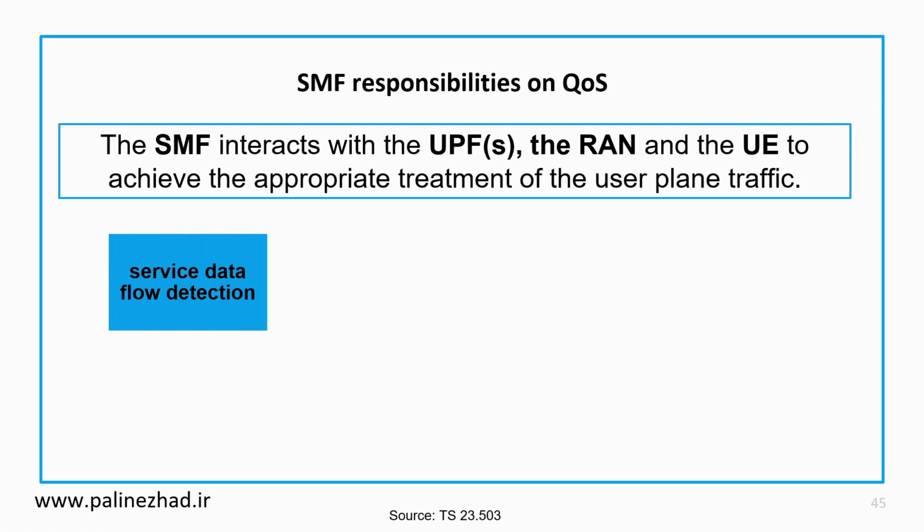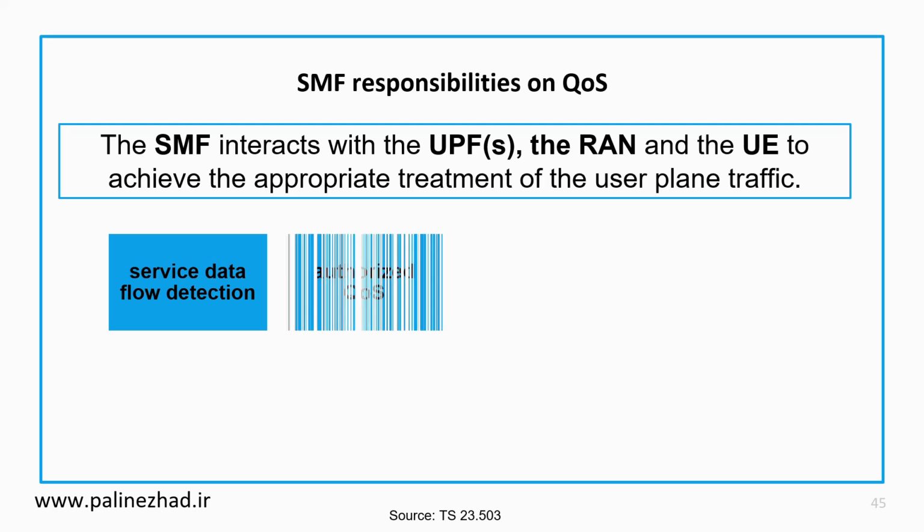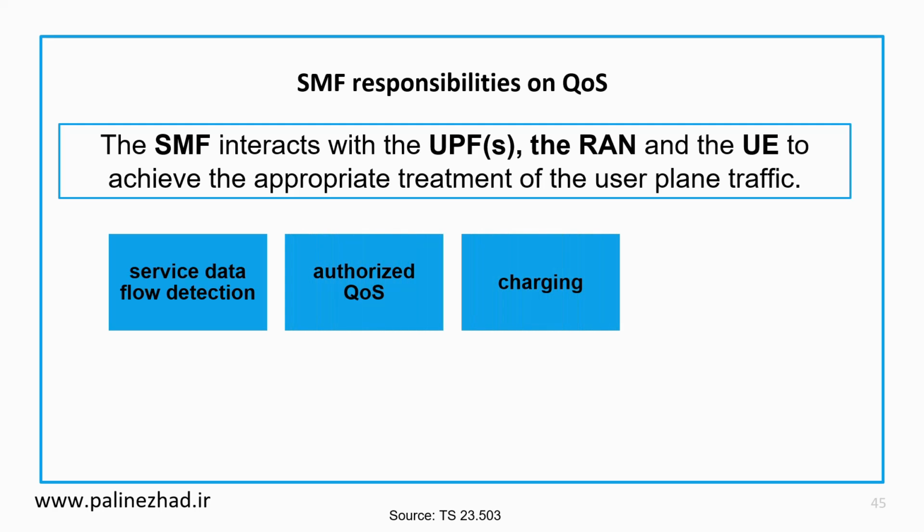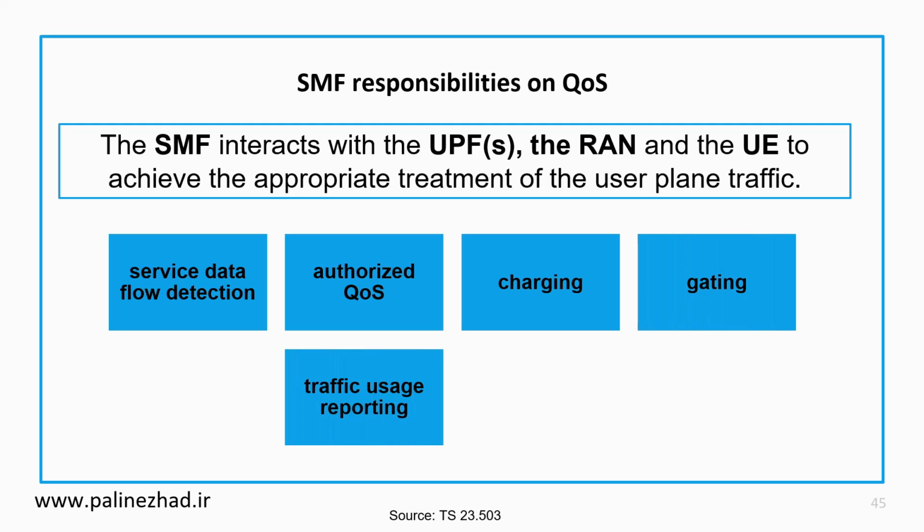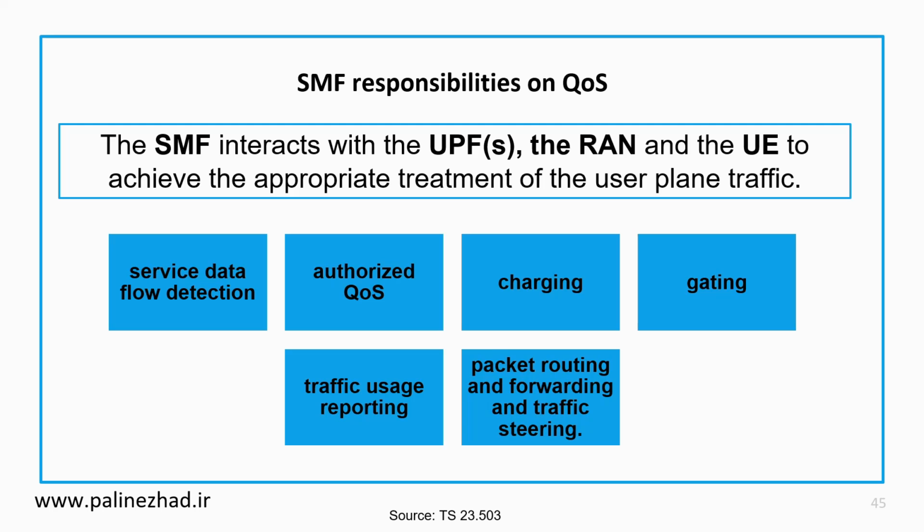The SMF is responsible for the enforcement of the policy decisions related to service data flow detection, authorized QoS, and this authorized QoS definition you know now, it's defined in the previous slide. And the next ones are charging, gating, traffic usage reporting, packet routing and forwarding, and traffic steering.